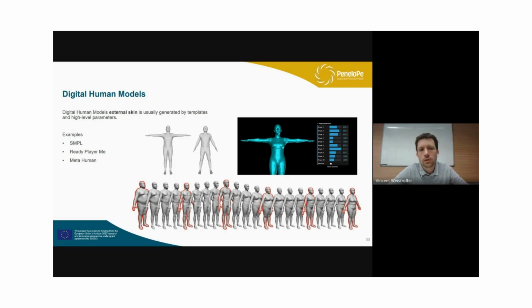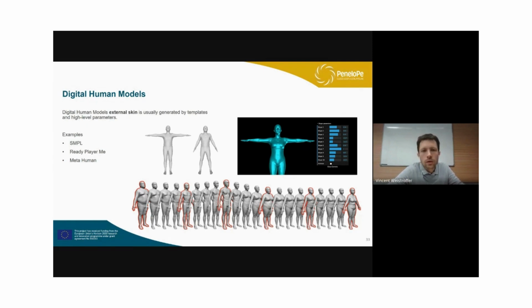Usually these skins are generated by templates and high-level parameters. These high-level parameters give you freedom over the weight of the person, and they give you a way to parameterize your skin at different body sections.